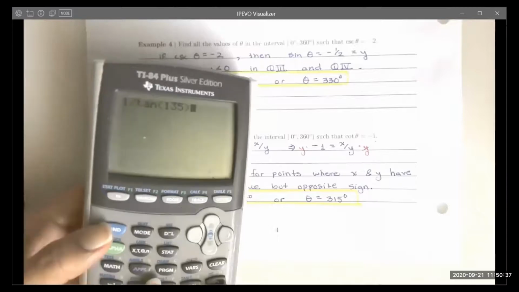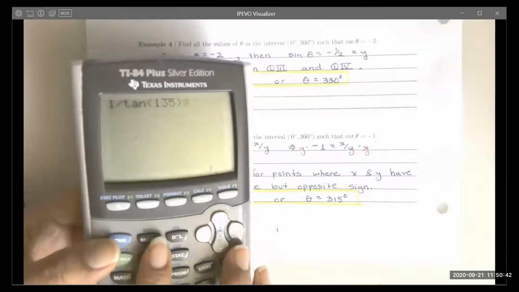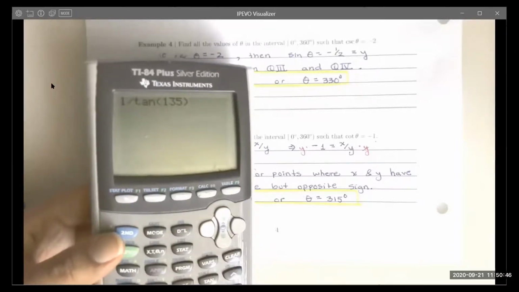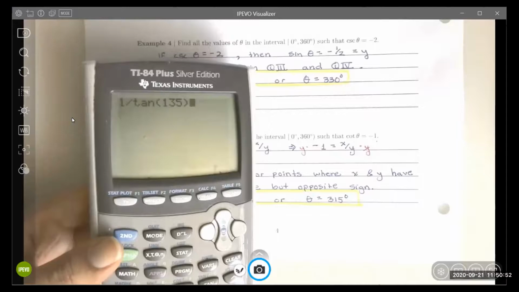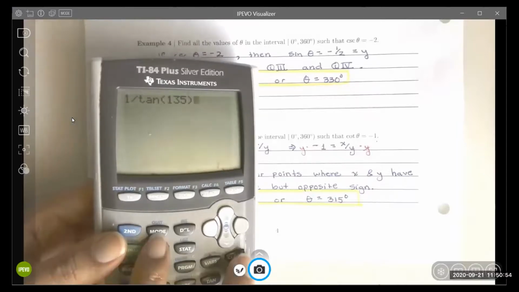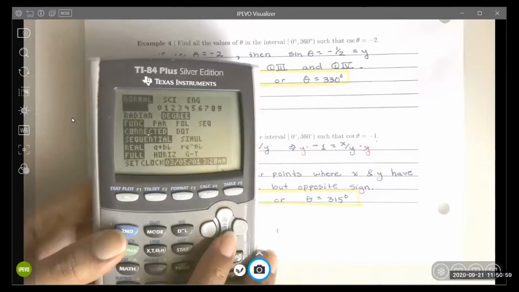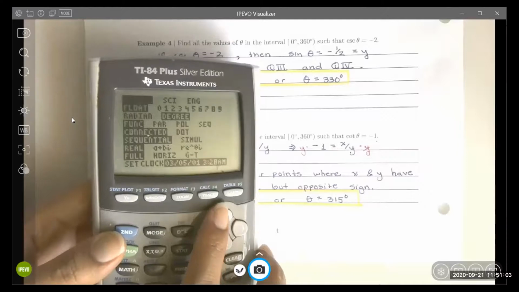Now remember, there are 2 types of units of measurement that you can be working in. You could be working in radians, or you can be working in degrees. To make sure that you're working in degrees, find the mode button on your calculator, and when you hit it, it should give you these two options of radian or degree. Depending on your calculator, it's going to look a little different.